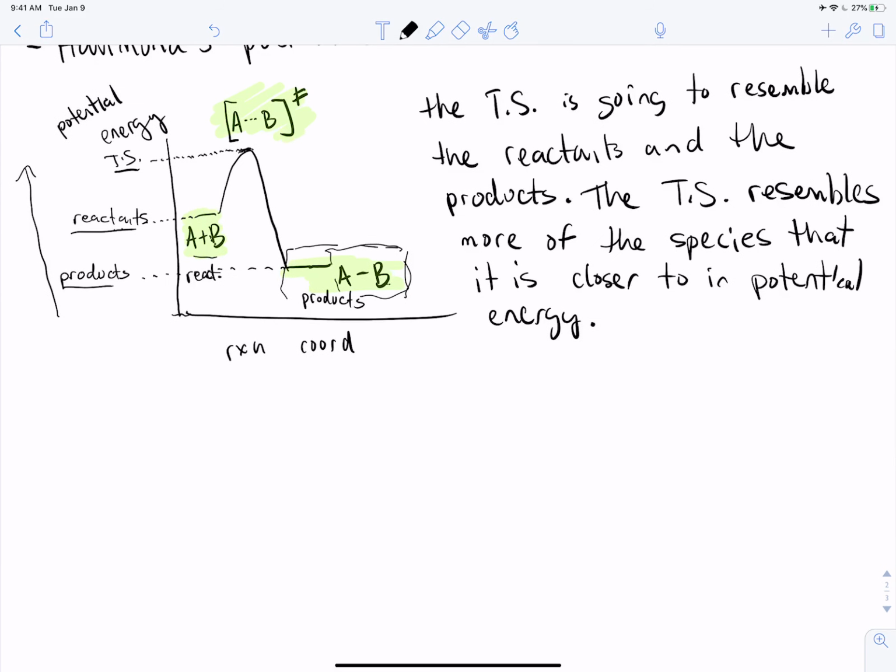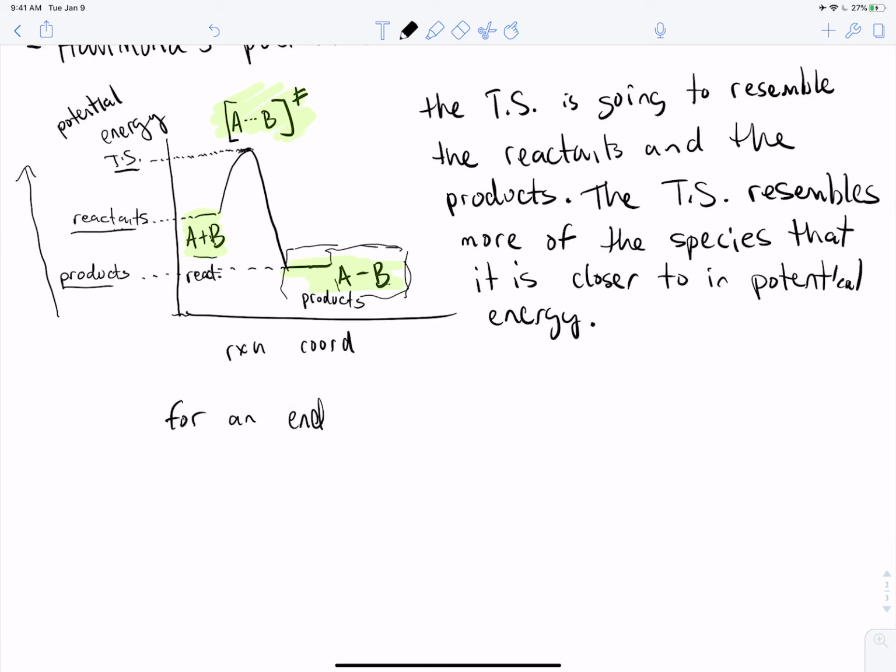Okay, and so what you'll see is this condensed down into a form that says, for an endothermic reaction, which is another way to state the same exact thing that I just said. Or I guess what I should be saying is endergonic.